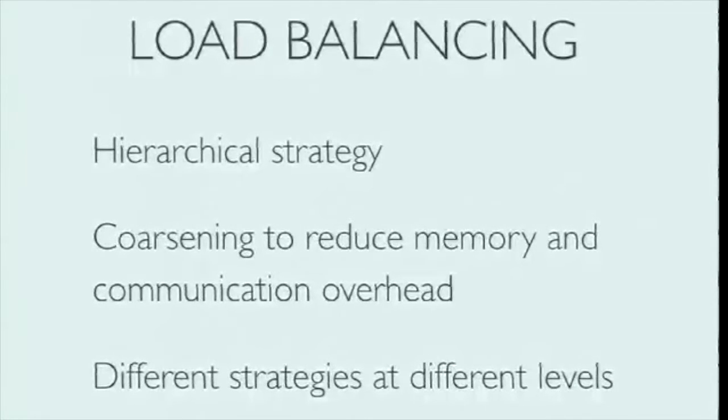For example, at the root of the hierarchy, we don't want to be doing a from-scratch strategy which moves all the objects among all the PEs. Here we would like to use a topology-aware refinement strategy which keeps the objects in their place and does a minimum amount of movement, taking into account the topology and the communication pattern. At the lower levels of the hierarchy, we can do a better refinement or a from-scratch strategy to balance the load evenly.